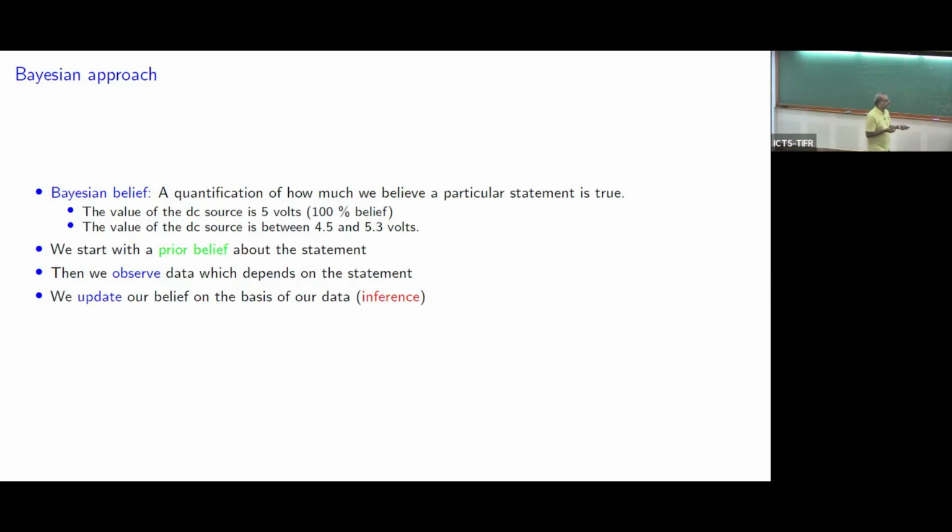So we start with some prior belief, then we see some data, and based on that data we update our belief. This is in fact what happens in inference. This updated belief is then used for prediction and model selection and things like that, but we will only go up to this part.